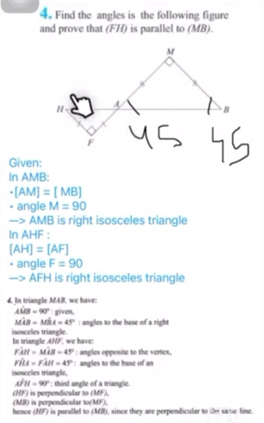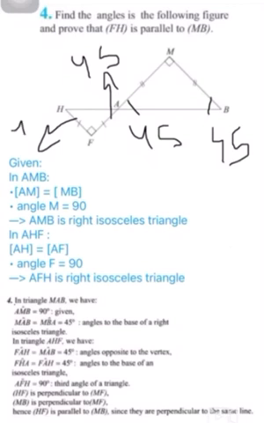So FHA is equal to FAH, and both of them must be equal to 45. How? 180, the sum of the angles in any triangle, minus 90 gives 90. And this 90 we must divide by 2 because angle H and angle A are equal. So this angle is equal to 45, and this angle is also equal to 45.